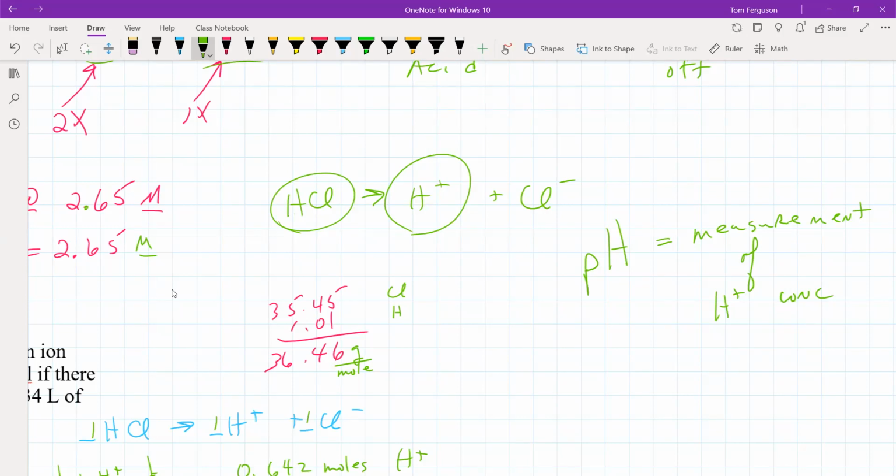However, pH is weird. The definition of pH is the negative logarithm of the hydrogen ion concentration. Because it's the negative logarithm, when the pH goes down, the concentration gets more concentrated. So low pH is stronger than high pH.